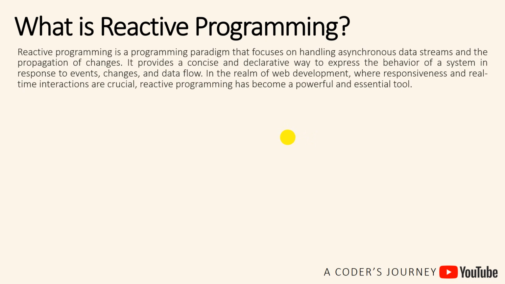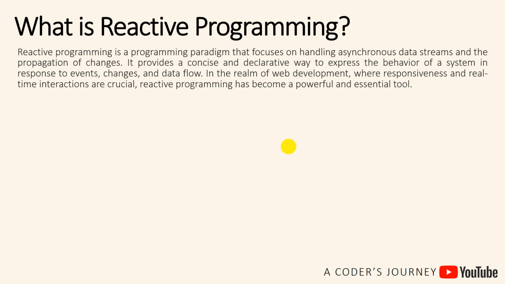Now, reactive programming is a programming paradigm that focuses on handling asynchronous data streams and the propagation of changes. I think the keyword here is data streams. It means that a stream of data is asynchronously coming into your application and you are going to handle that stream. So it's not one single piece of data, it is a stream of data.